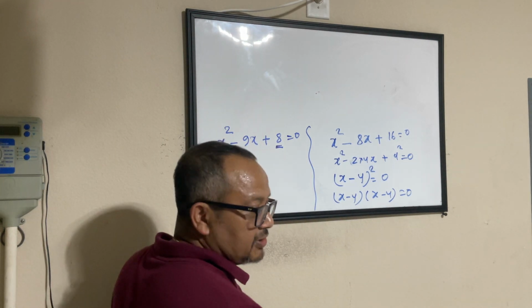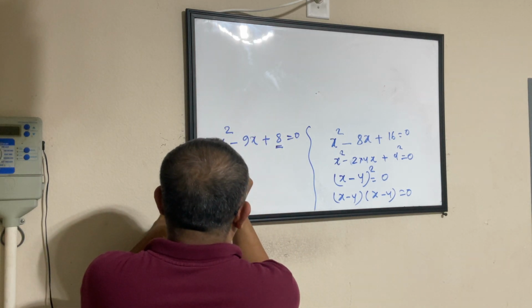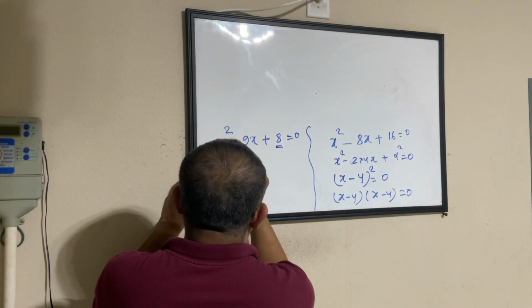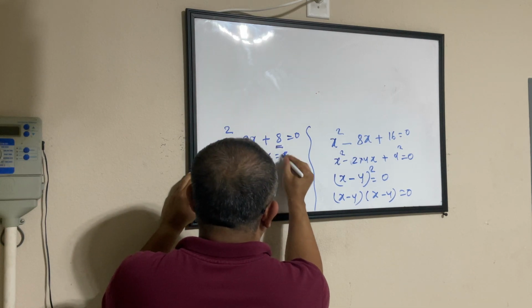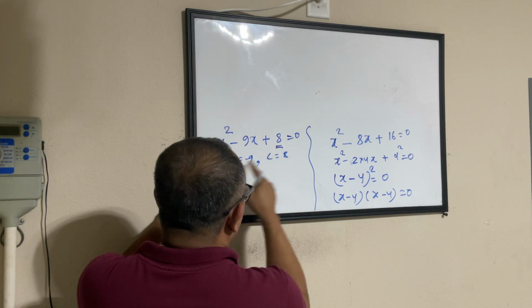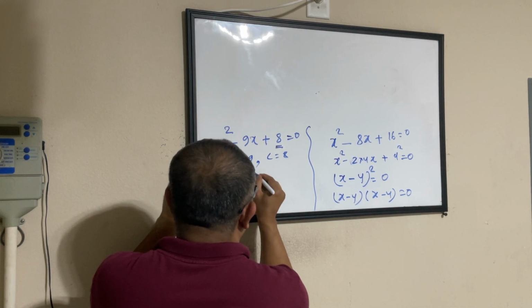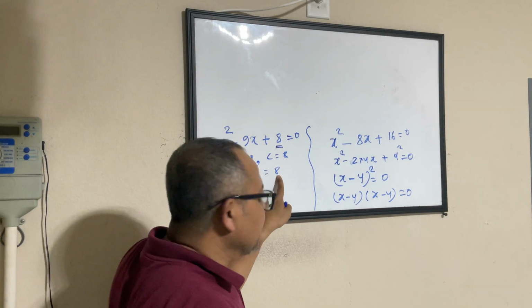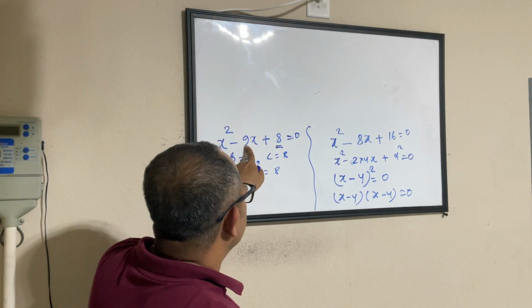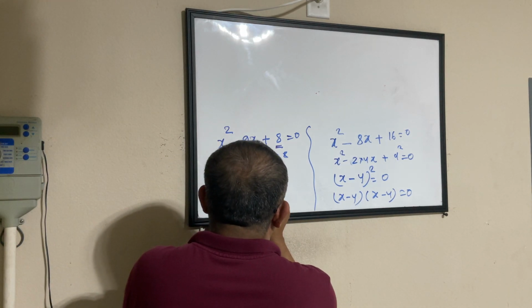So we'll look at the second method, factorization, where my a is 1, my b is minus 9 and my c is 8. What I do is I multiply a and c: 1 into 8, which is equal to 8. Now I have to look at how to break 8 into 2 pieces.